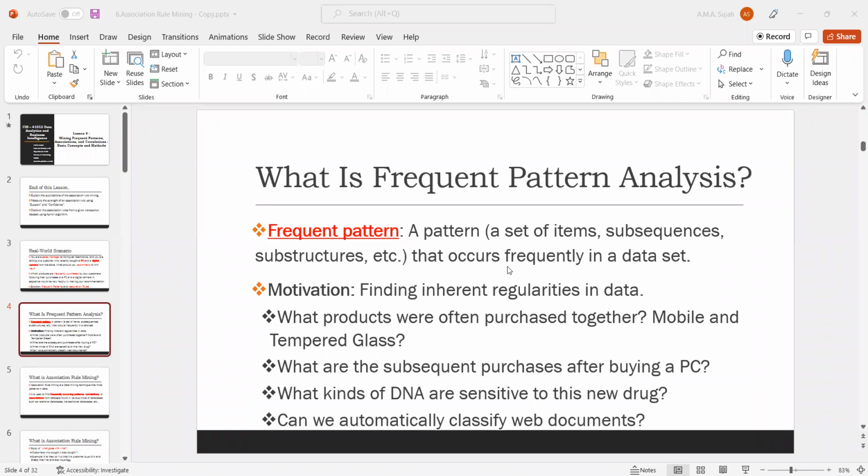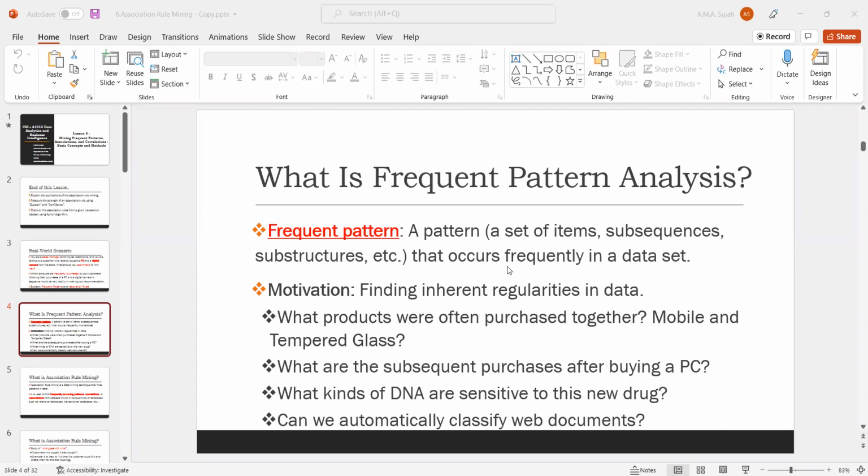Even if a group of people are affected by a particular disease, they have some patterns in their DNA. If people are affected by dengue, they have some patterns in their DNA. So if a new person comes with a fever, you can match his DNA with dengue patients' DNA, and easily find out whether this person is affected by this kind of disease. How can you find that out? By applying frequent patterns.